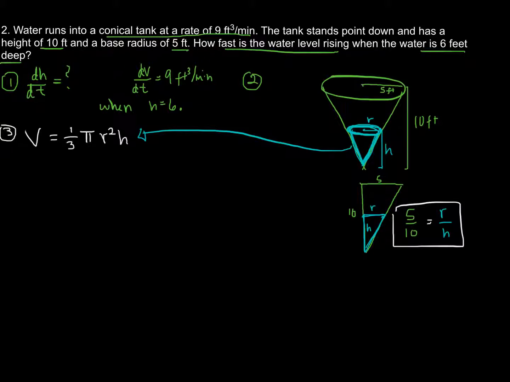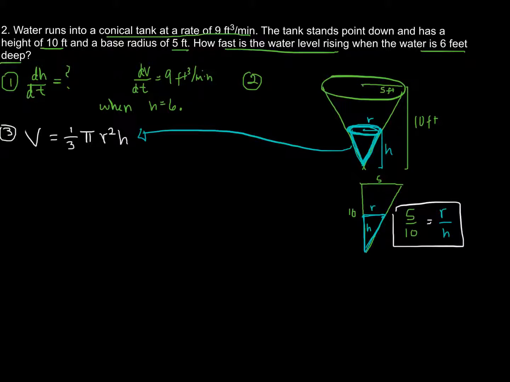So before doing that, it would be great if I could rewrite my equation so it was V in terms of only h. In other words, I only had one variable, h, the one that I care about, because when I differentiate implicitly, I'll have dh/dt. So we need to look for a relationship between r and h so that we can write r in terms of h.